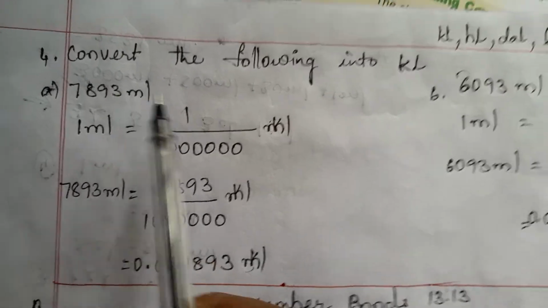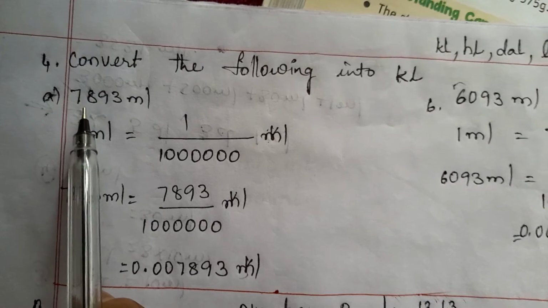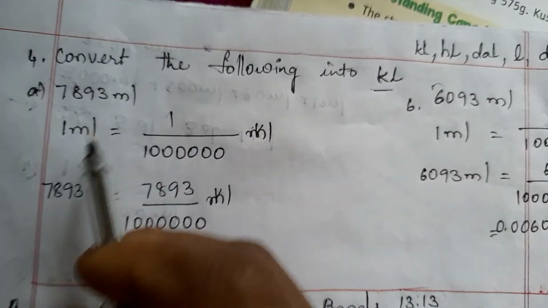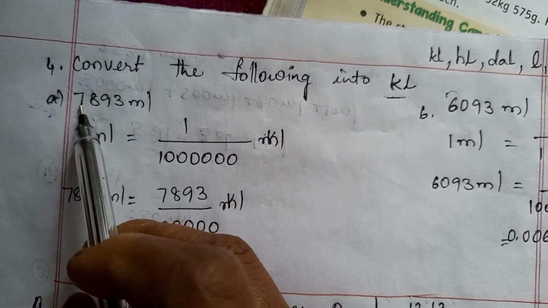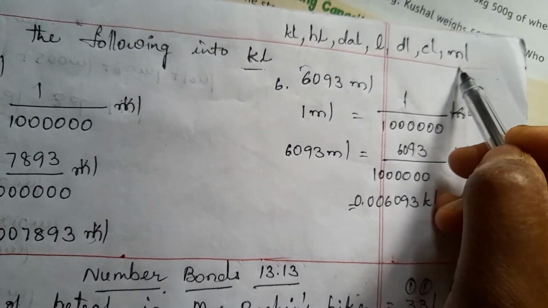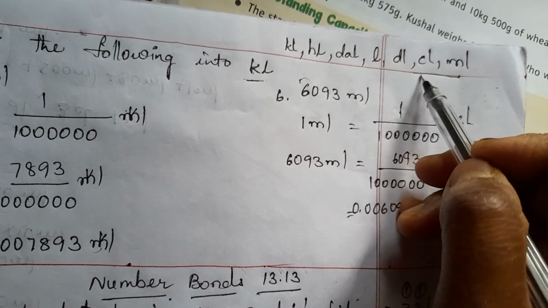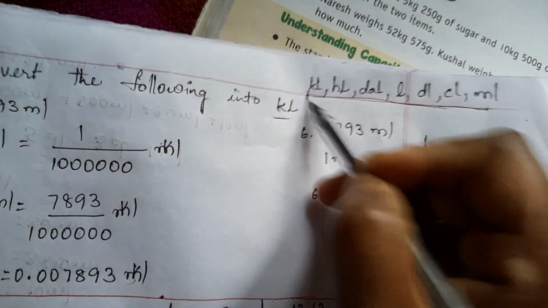Now children, fourth bit, convert the following into KL. It is nothing but converting into KL. 7893 ml. So ml is the smallest unit. Then from right side to left side we are converting till here we want.